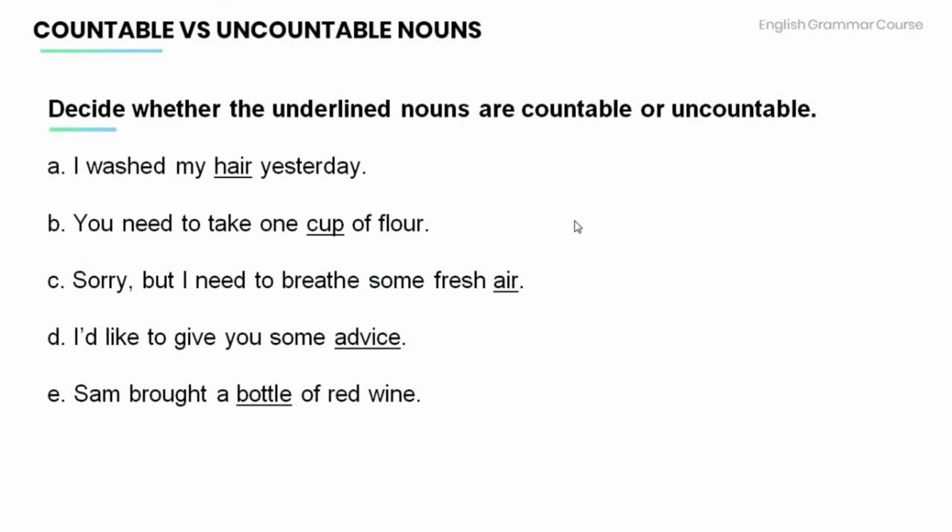And now it's time for you to practice on your own. Read the following sentences and decide whether the underlined nouns are countable or uncountable. A. I washed my hair yesterday. B. You need to take 1 cup of flour.